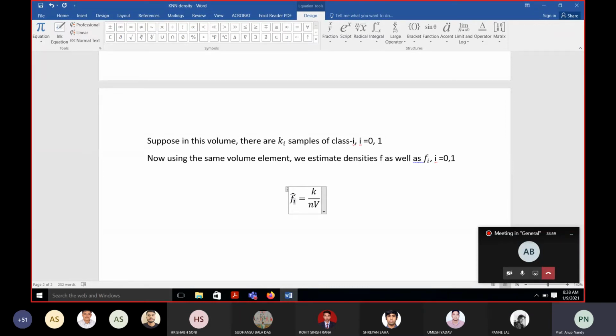Because how many samples are there for fixed x is equal to ki.